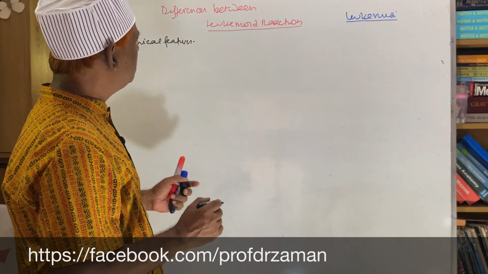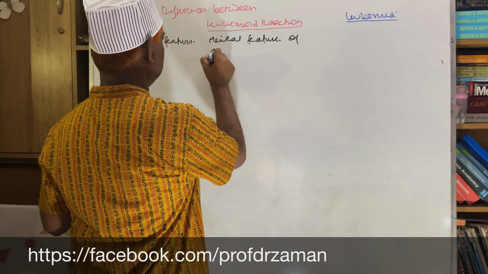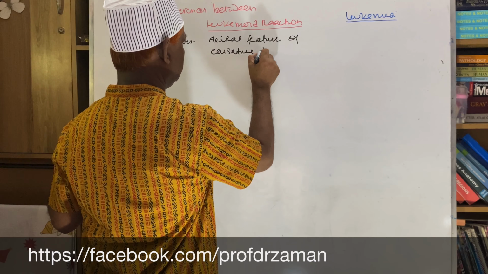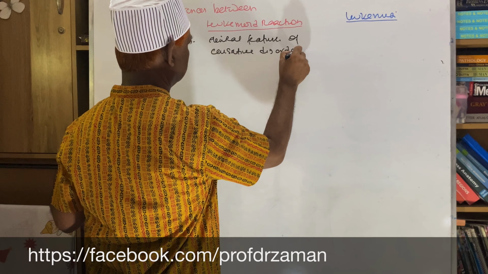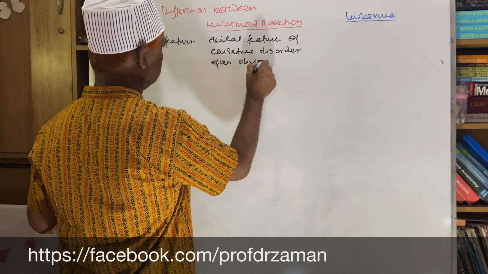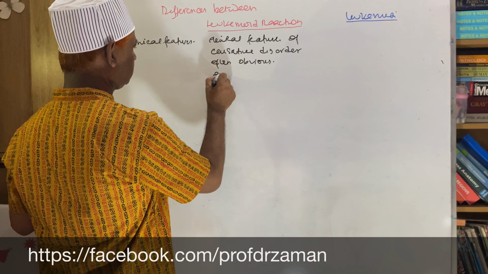So the clinical features of the causative disorder are often obvious. As for example, tuberculosis.